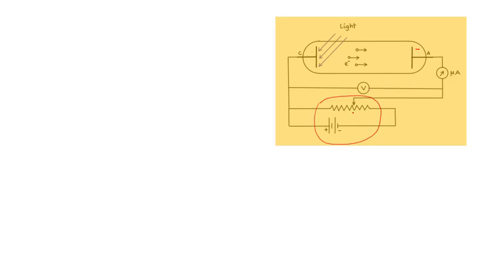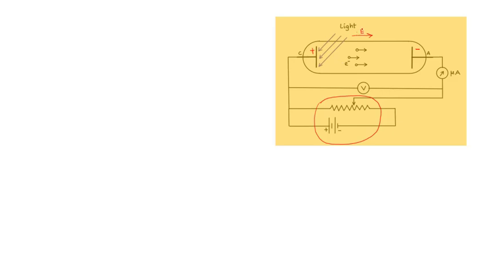If you keep on increasing this voltage, the potential difference across these two electrodes will change, which will generate an electric field. With respect to this potential source, this will behave as positive and this will behave as negative. So there will be an electric field in this direction, and this will impose a force on these electrons in the opposite direction.